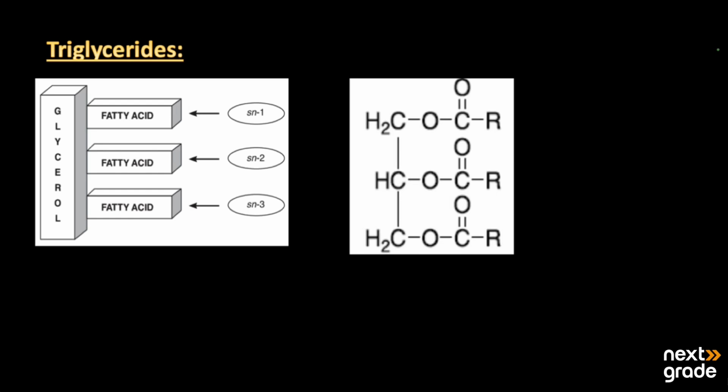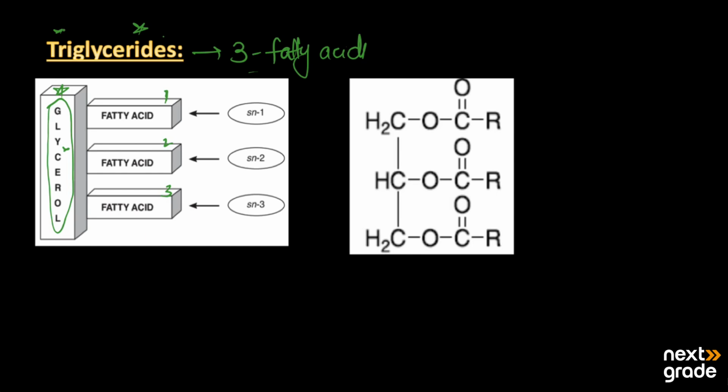When the simple esters are made up of three fatty acids, so the word three is here, that's why they are known as triglycerides. Here we have glycerol, which is the backbone, and the glycerol is attached with the 1, 2, and 3 fatty acids. So they are known as triglycerides. Glycerol is from the glycerides, and tri means here we have 3 fatty acids along with it.